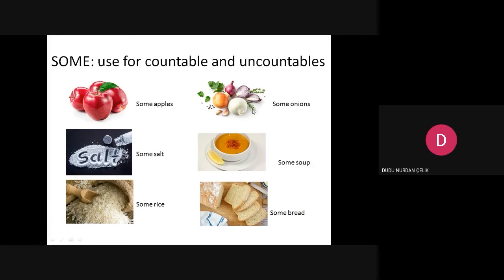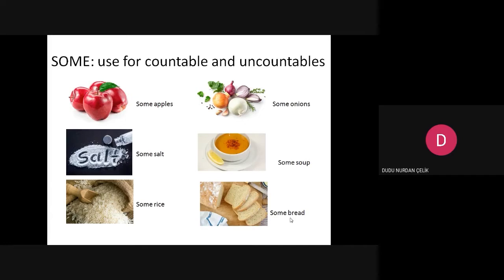Onion is also countable, and we make it plural. But salt is uncountable. So when we use it with some, we can't say some salts. We must say some salt. Like some soup, some rice, some bread.